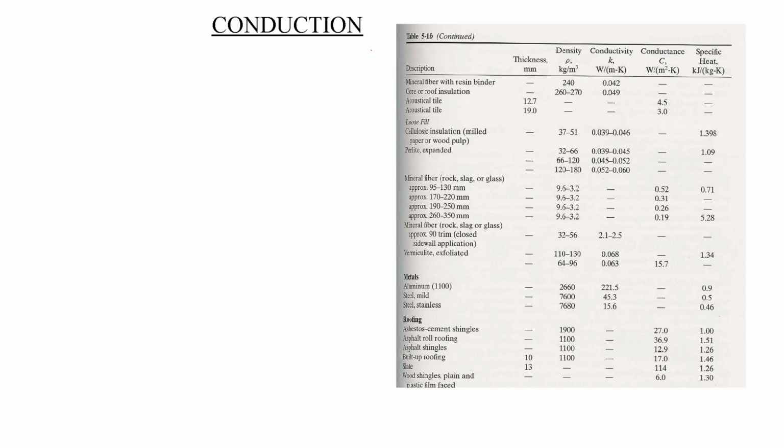But before we get into that, let's look quickly at the equations that govern conduction and convection, namely Fourier's law and Newton's law of cooling. So Fourier's law is related to conduction. If you remember, it's thermal conductivity times area multiplied by the temperature gradient.